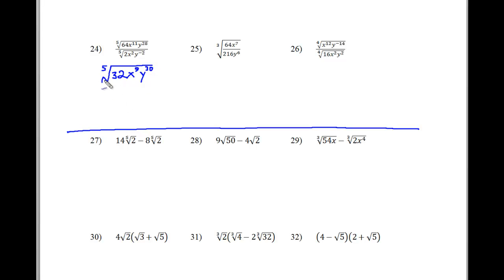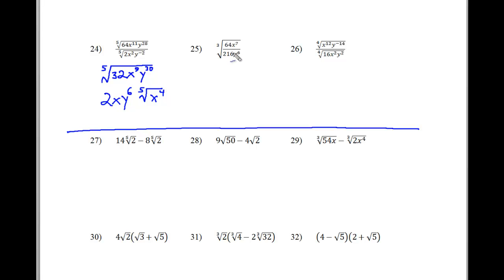So the fifth root of 32, luckily for us, is 2, because 2 times 2 times 2 times 2 times 2 is 32. 2, 4, 8, 16, 32. So the fifth root of 32 is a whole number. 5 goes into 9 once, with 4 left over, so this is the fifth root of x to the fourth remaining. Now 5 goes into 30 perfectly 6 times, so this would be y to the sixth power.